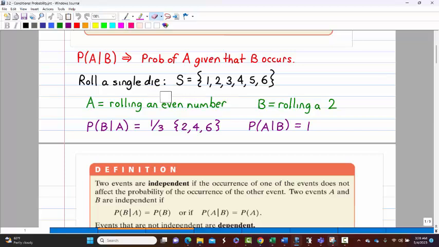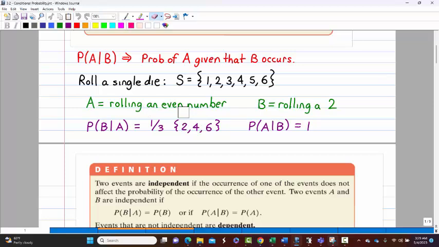So we have a single die with our six-sided sample space, and I'm defining A as the event of rolling an even number and B of rolling the number 2. So let's think about this. The probability of rolling B given A is the probability of rolling 2 given that an even number is rolled.